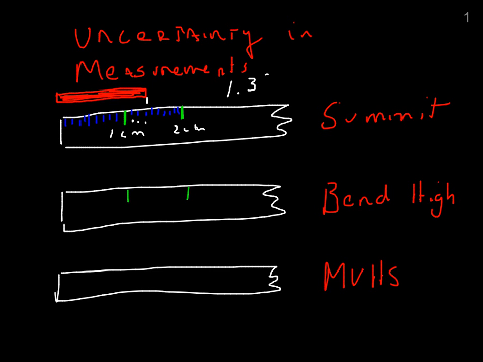So that is my next digit that I place in there. So the Summit High School ruler gives me a measurement of 1, because I am certain that it's 1 centimeter right there. I'm certain that it's bigger than 0.3 centimeters. And now I make that guess. I'm between 0.3 and 0.4, so it's going to be 2, and I call it 2.